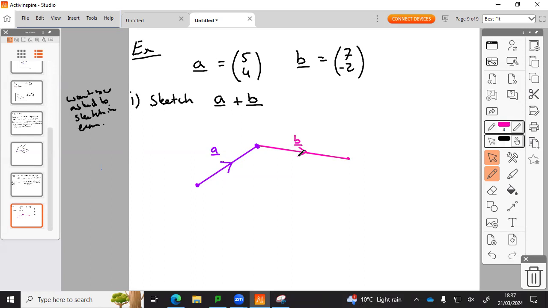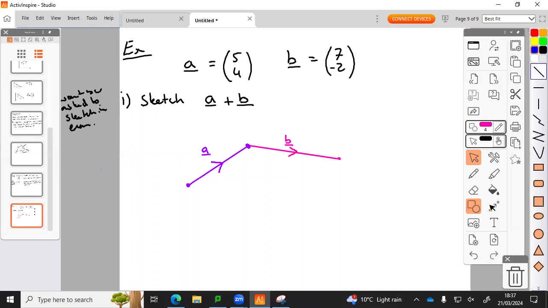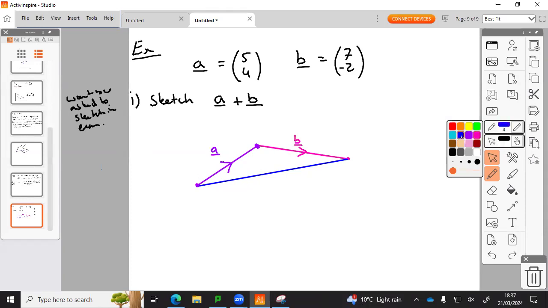Now my resultant, my A plus B, the shortest route between them, is that. Added two vectors together.